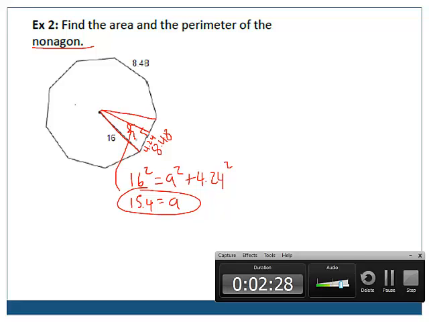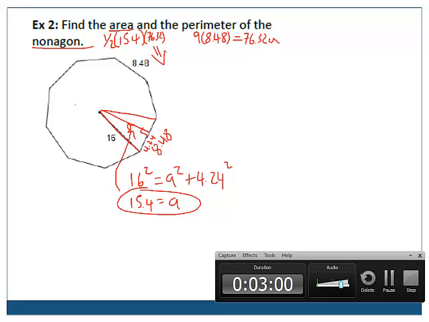So let's do perimeter. So that's the number of sides, which is 9, times the side length, which is 8.48. You multiply it, and you get 76.32 units. For the area, that's going to be your 1/2, your apothem, which we found out to be 15.4, multiplied by your 76.32.